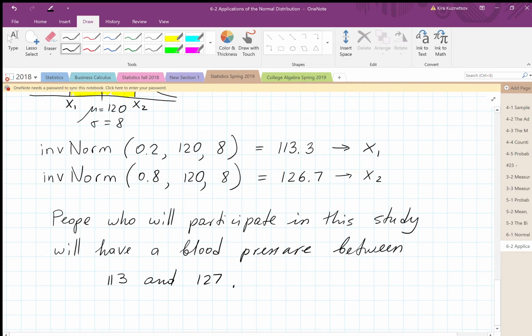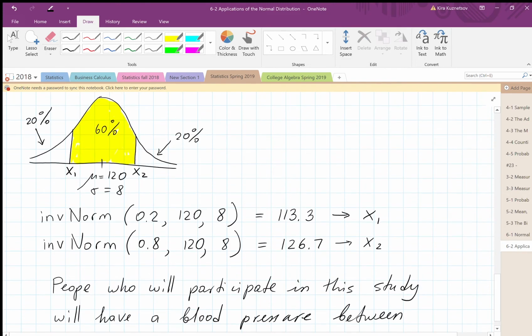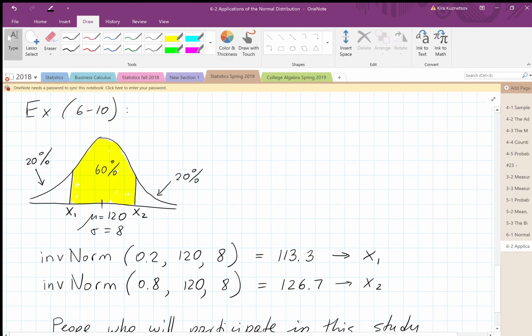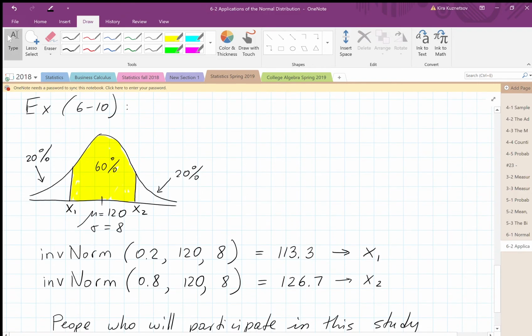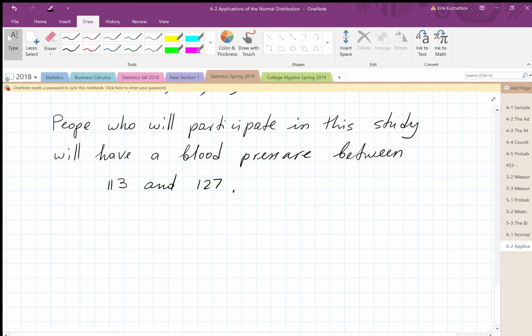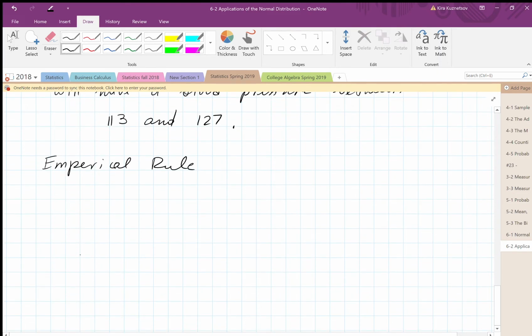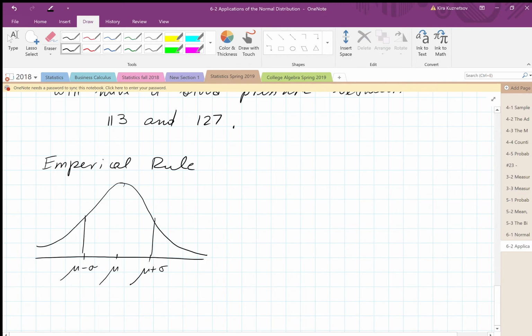Now, I'm done with this problem. What I'd like to point out is the empirical rule. The empirical rule, we just touched upon it before, but if you recall, what it tells me is if you're one standard deviation away from the mean, you are at 68%.